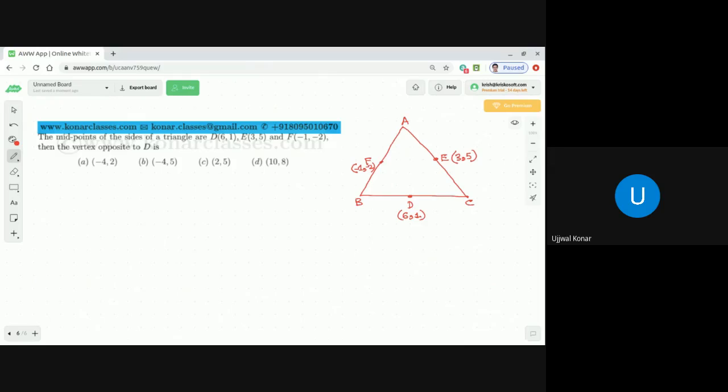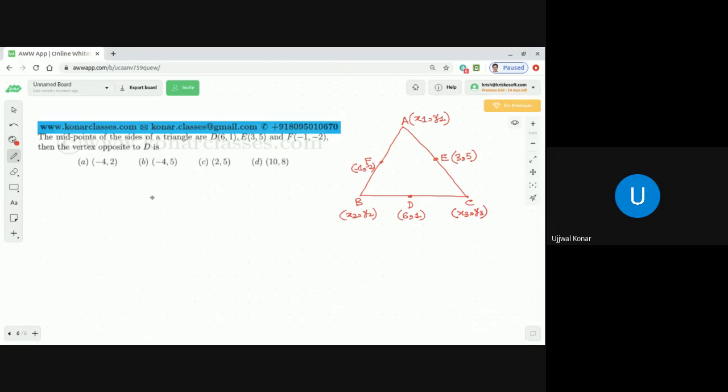Now, according to the question, we need to find the vertex opposite to D. That means we need to find the coordinate of A. Now, if we assume the coordinate of A to be (x1, y1), and B is (x2, y2), and C is (x3, y3).